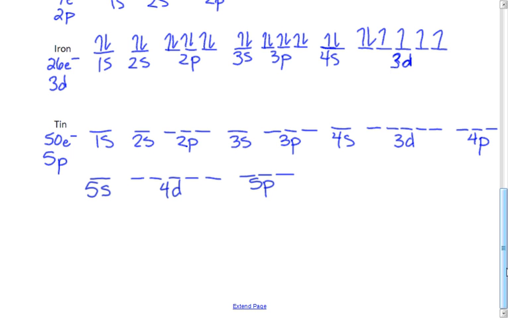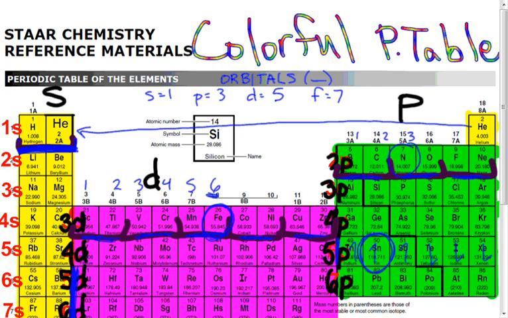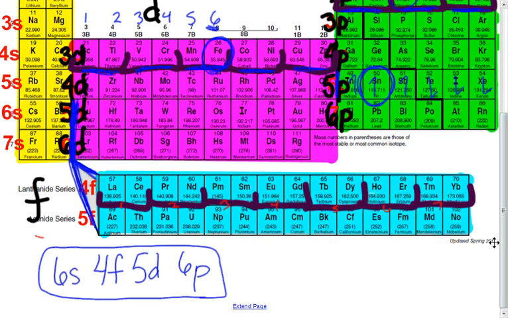One thing I want to point out to you real quick before we fill in these electrons: if we had gone past 5p and got 6s, what's going to come after 6s? 4f. Remember, these 2 rows down here actually fit into that little gap.